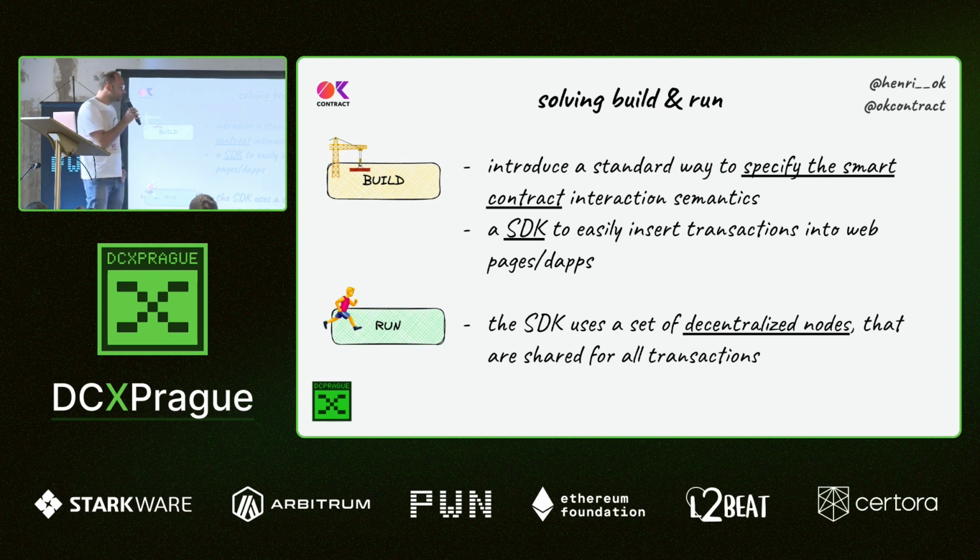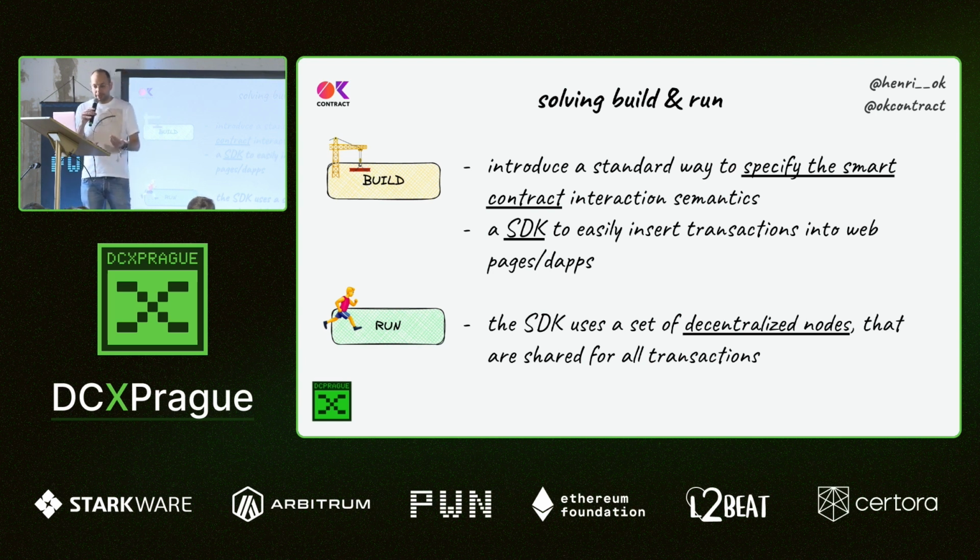So the solution that we began to think of was how to solve build and run by changing the build. So the build is first to introduce a standard way to specify the smart contract interaction semantics, which we think is lacking, and then an SDK to easily insert these transactions into any web page, dApps, without touching that semantics again.